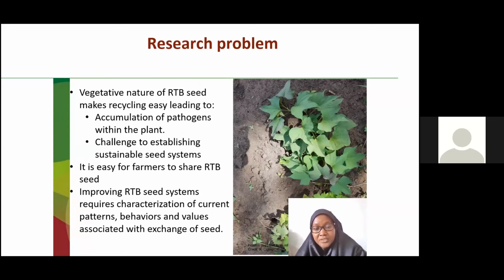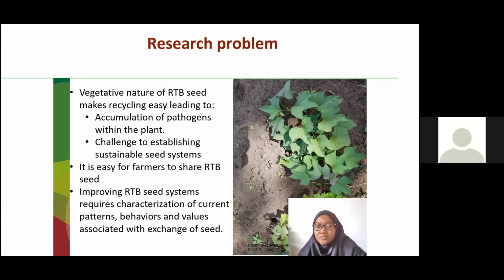The vegetative nature of RTB seeds makes recycling easy, leading to accumulation of pathogens within the plant. Thus, there is a challenge to establishing a sustainable seed system. It is also easy for farmers to share RTB seeds.